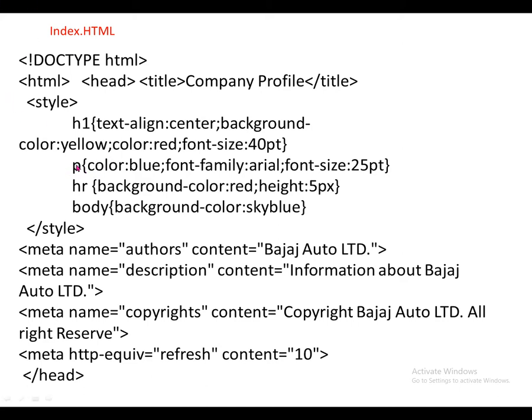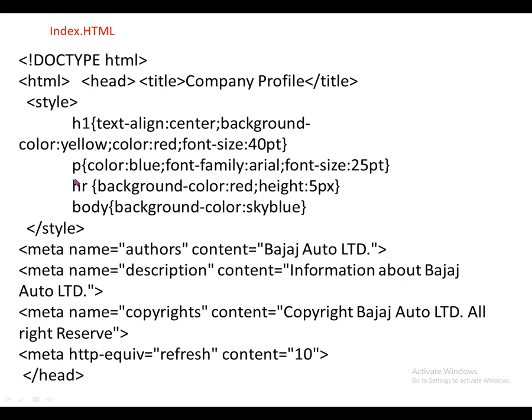So I am using the p tag, a paragraph tag. Under the paragraph tag, you are writing a CSS statement with several properties. What are those properties? Color blue, that's why I'm getting that information in blue color. Font family Arial, font size 25 pt. So these three properties are applicable to the paragraph tag.